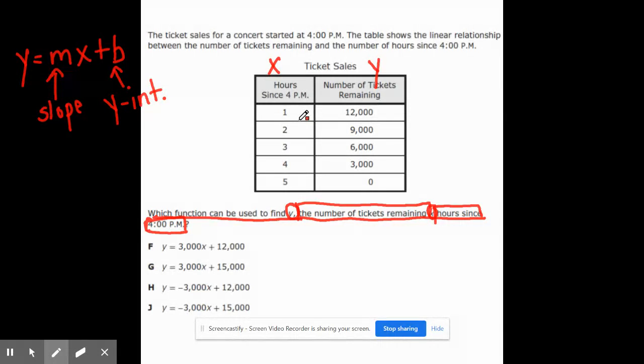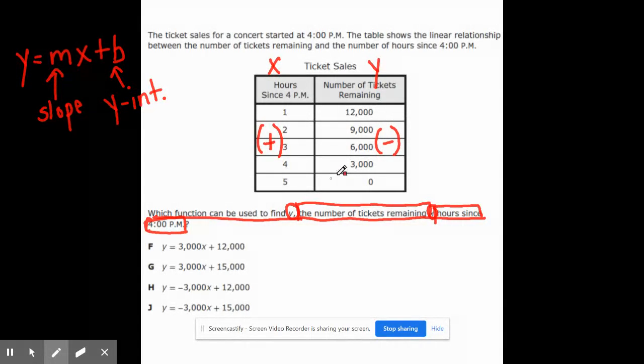All right, so the very first thing I'm going to look at is the relationship between the x values and the y values. We can see that as the x values are increasing, as they're getting larger, 1, 2, 3, 4, 5, our y values are actually decreasing. We go from 12,000 to 0.